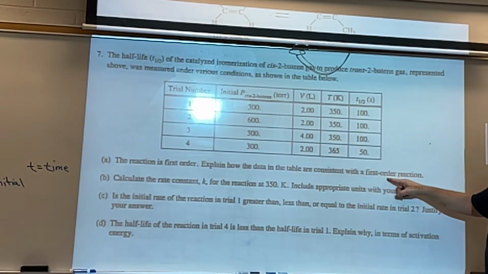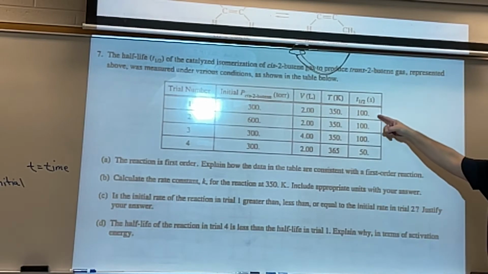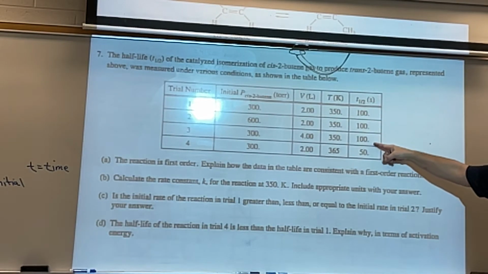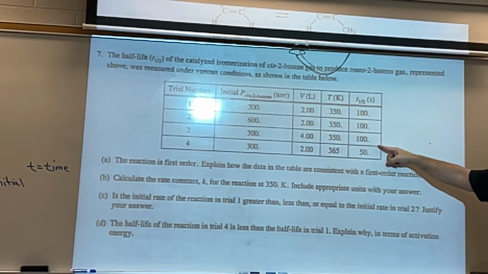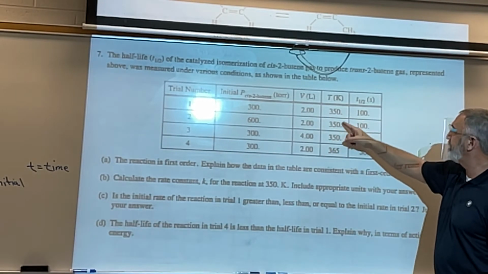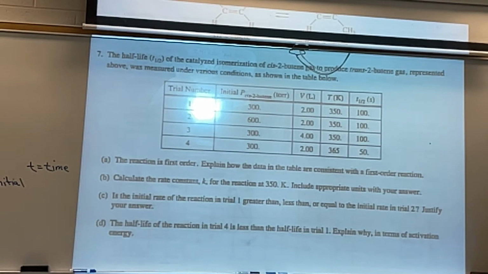Explain how the data in this table are consistent with a first order reaction. The only way that you know that is because the half-life is staying consistent. The half-life is not changing. It's constant temperature, we're at 350, 350, 350, so the half-life is staying the same. So that's the only way you know it's first order.